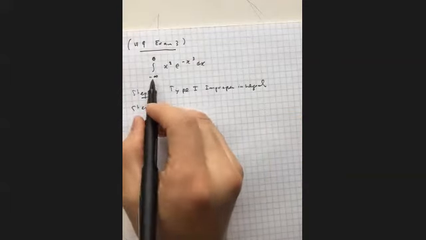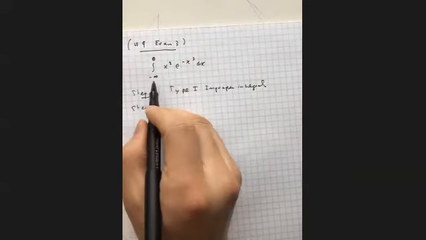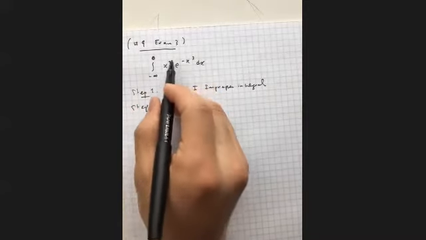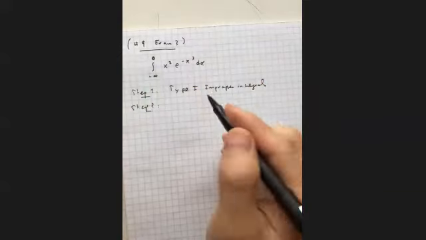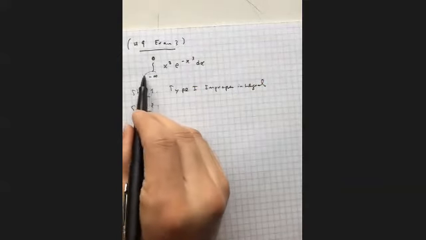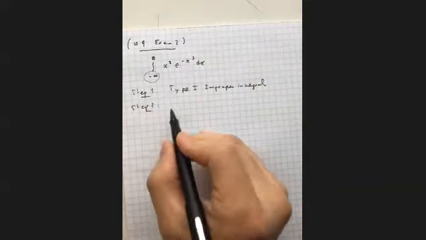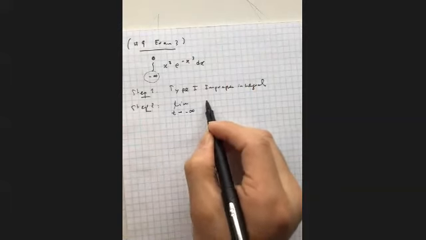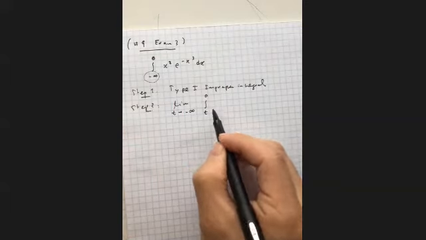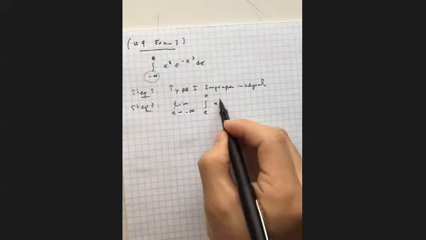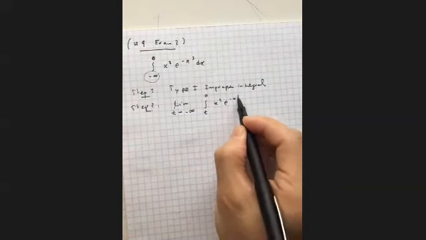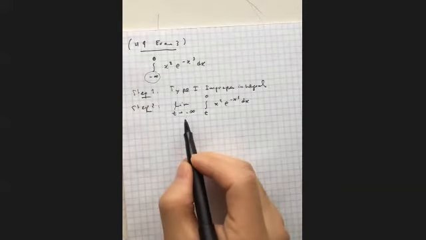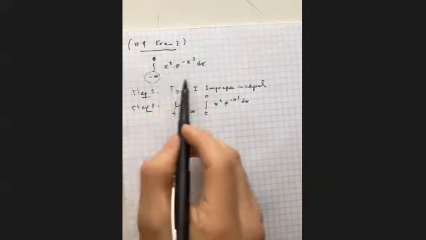Because it's going from 0 to negative infinity, there's nothing in between that makes this expression not well defined. So the only problem is coming from the negative infinity part. The definition is the limit as t goes to negative infinity of the integral from 0 to t of x squared e to the negative x cubed dx. This expression defines the improper integration.